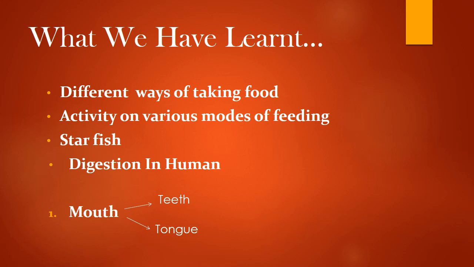Animal nutrition includes nutrient requirement, mode of intake of food, and its utilization in the body. Good. Next, we saw the different ways of taking food by different organisms. We saw about bees, hummingbirds, and humans, even about snakes.